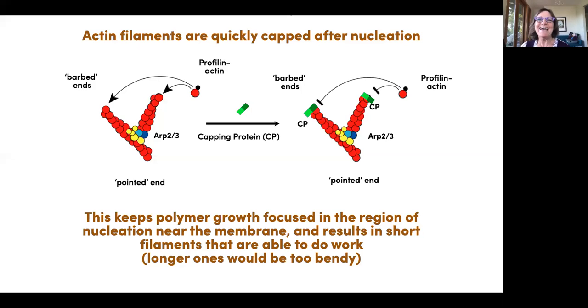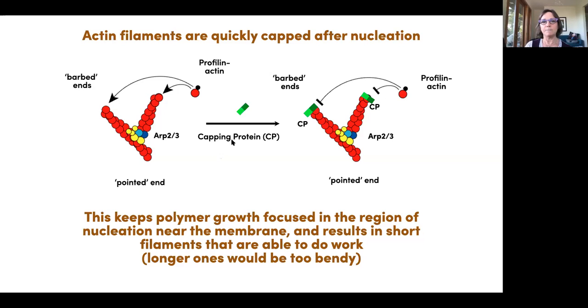All right. Okay, and I mentioned that the free ends of actin filaments are generally not free in cells. As actin filaments are growing, whether they're nucleated by ARP23 or other nucleating factors, they rapidly get capped by different capping proteins, so just generically called capping proteins here.